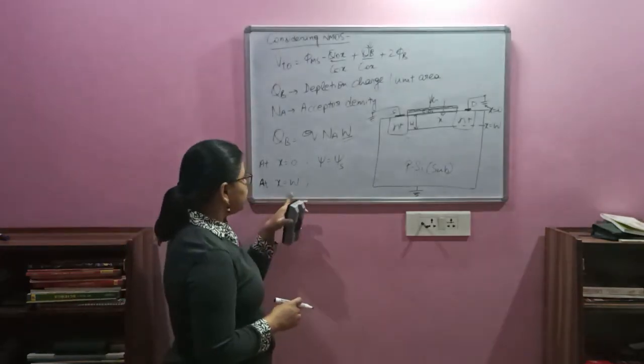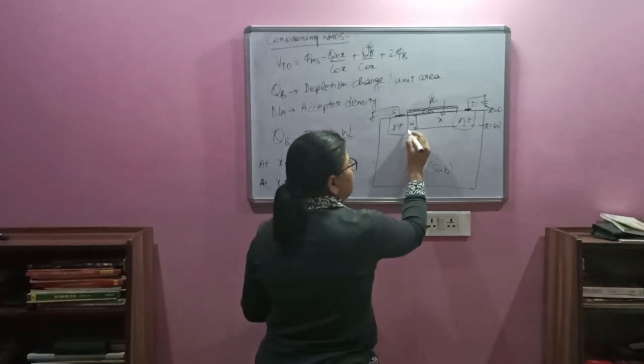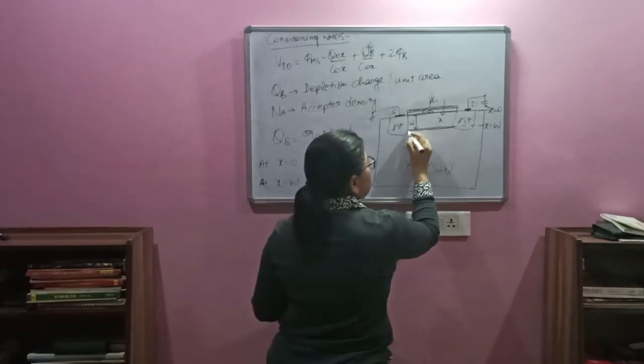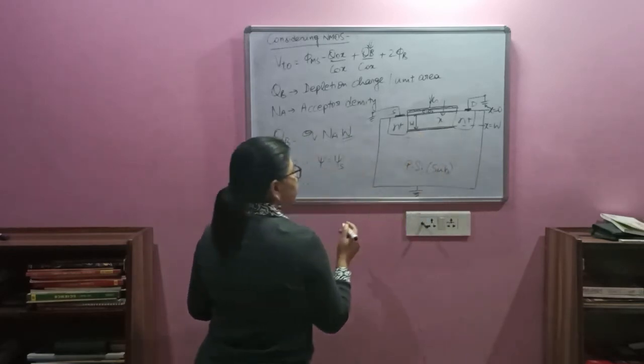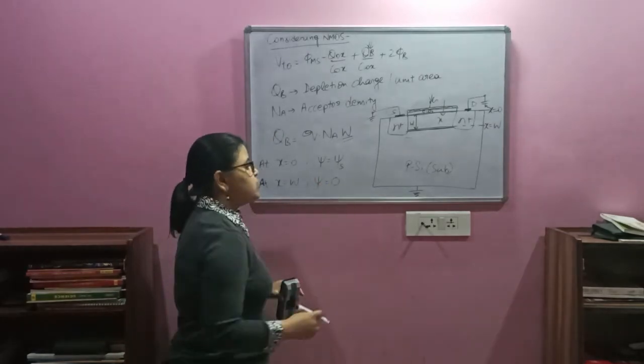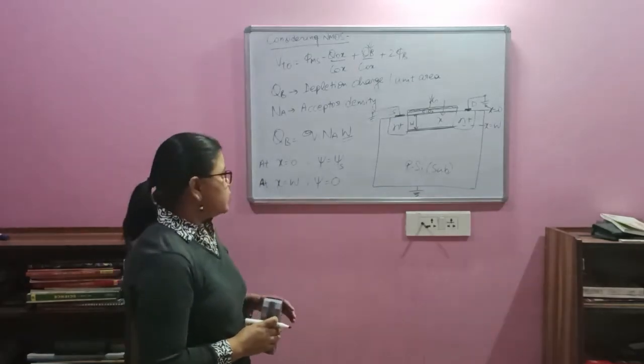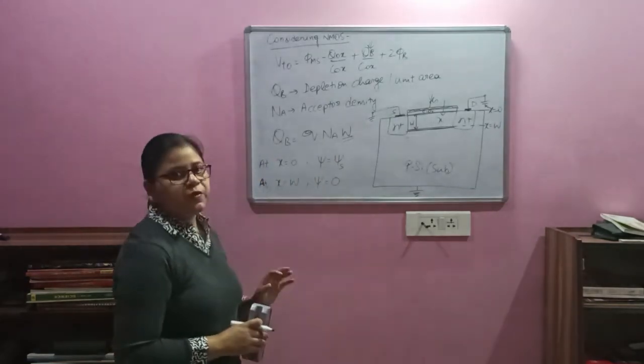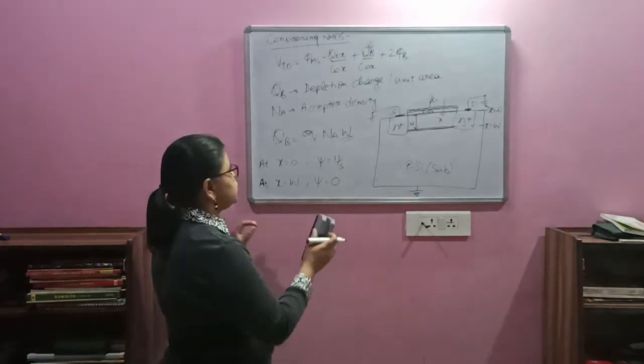And when I am talking of the boundary towards the bulk region, when X is equal to W, then psi, the potential, is 0. So these boundary conditions will be used in the further calculations.